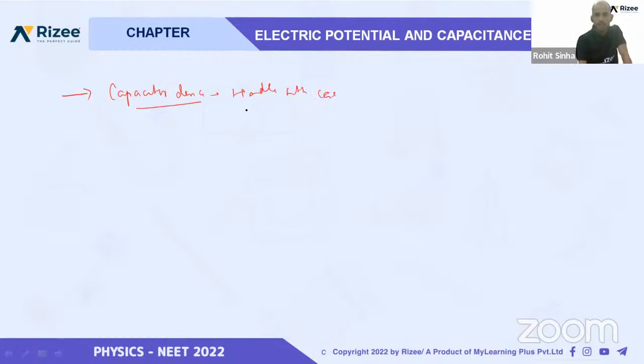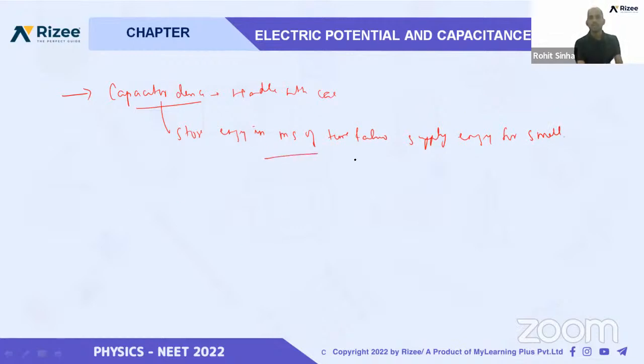Because a capacitor stores energy in a millisecond of time, very small time, and also supplies energy for a small time. That means a capacitor behaves as an instantaneous battery. It gets instantaneously charged, and also it supplies to the source.